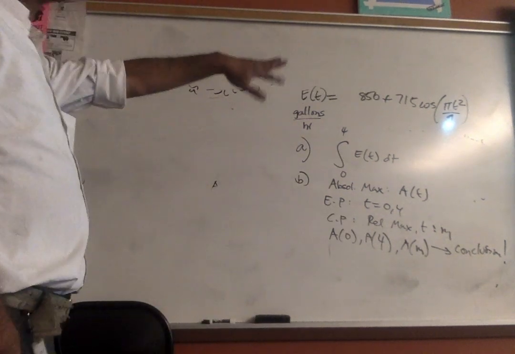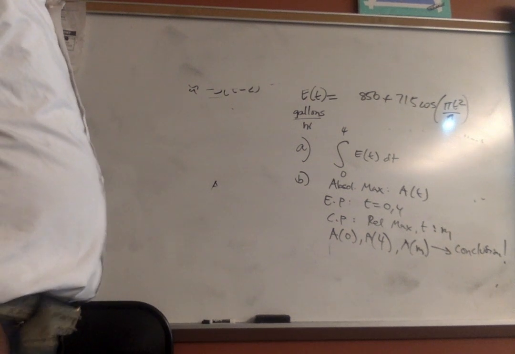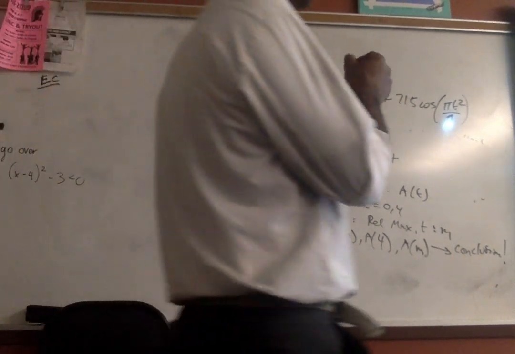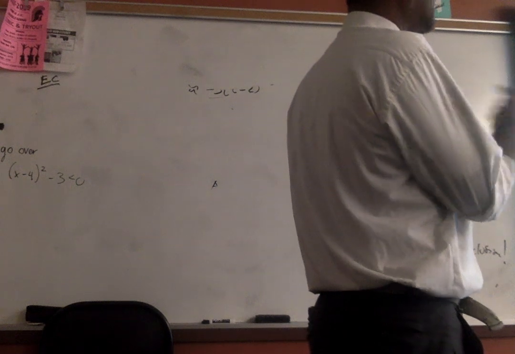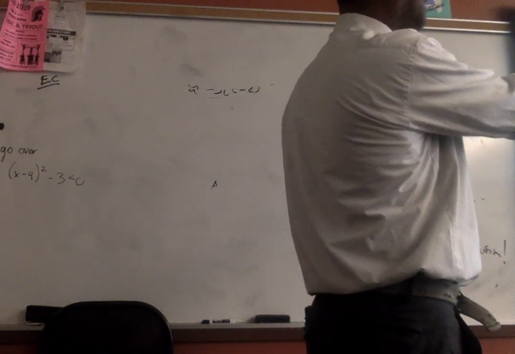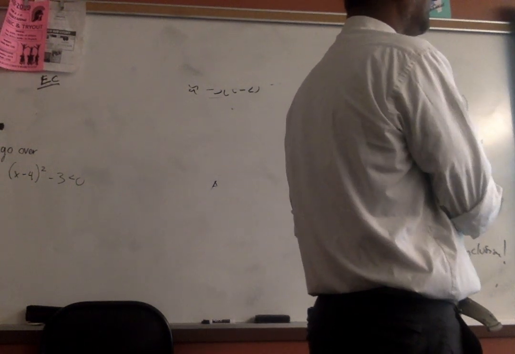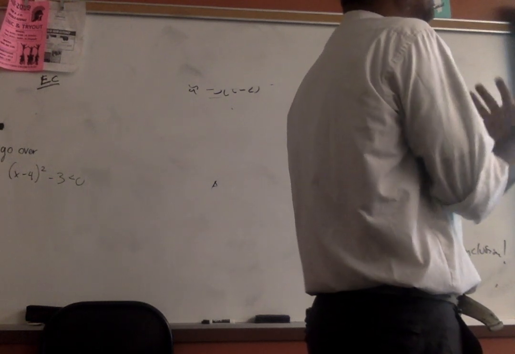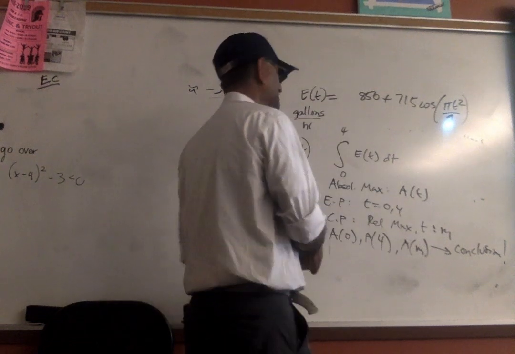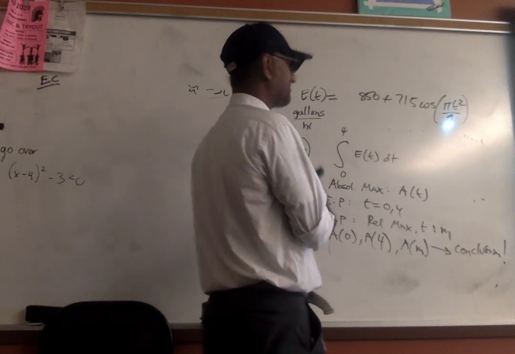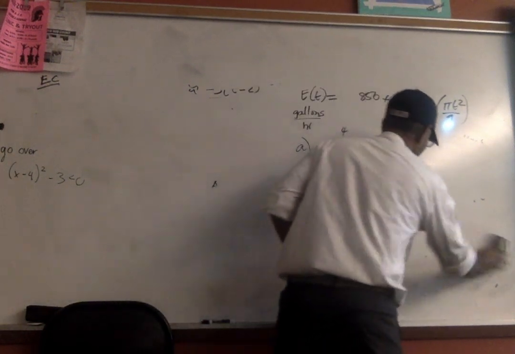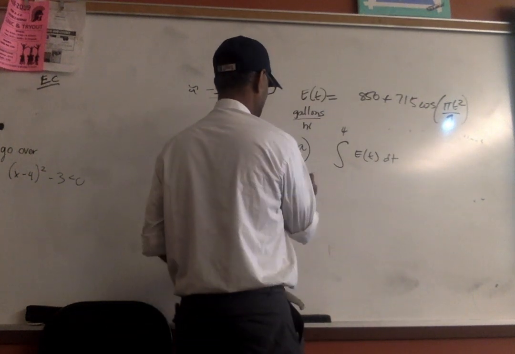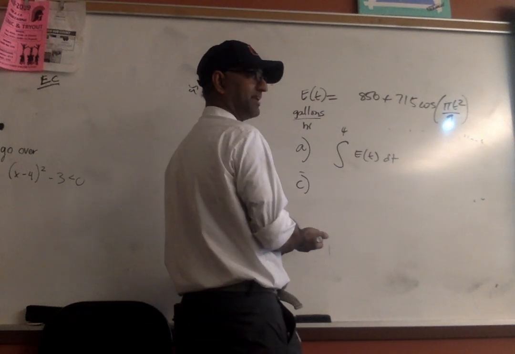All right, guys, read C with me. It says, from 0 to 4, the cost of treating the raw sewage that enters the tank at any time is given by that function in dollars per gallon. To the nearest dollar, what is the total cost of treating all the sewage that enters the tank? So if I give you cost, and we know the entering function, what should I do to get the total cost? Should I multiply?